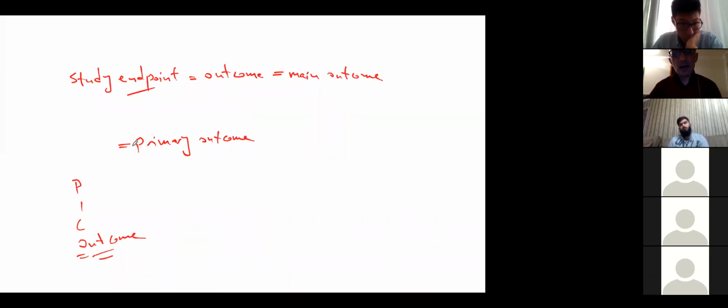Therefore, at the beginning of any study, we have to ask ourselves, what is the outcome, the primary outcome? There may be more than one outcome in a study, but we should select the primary, the essential outcome of our study. We should write down what is the main outcome, the primary outcome of my research.